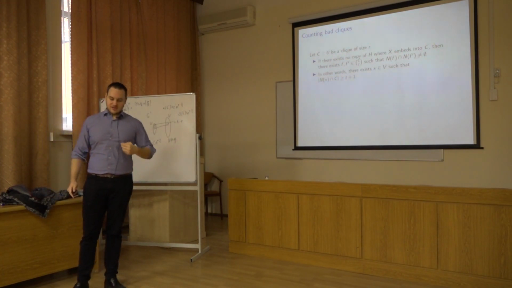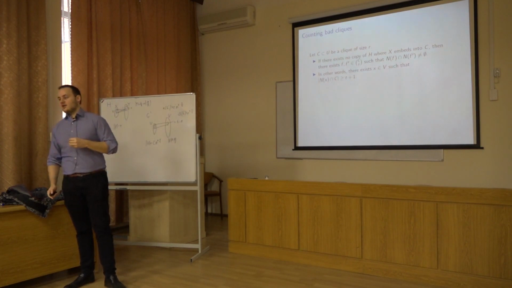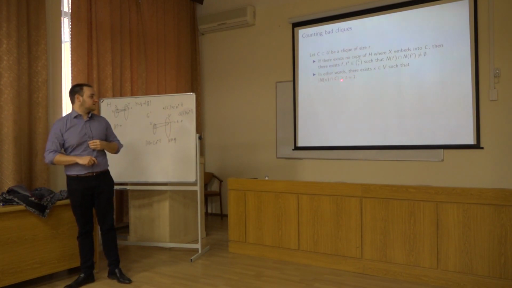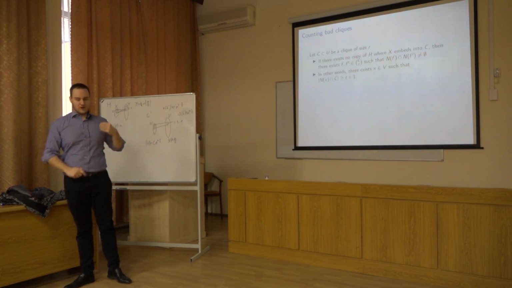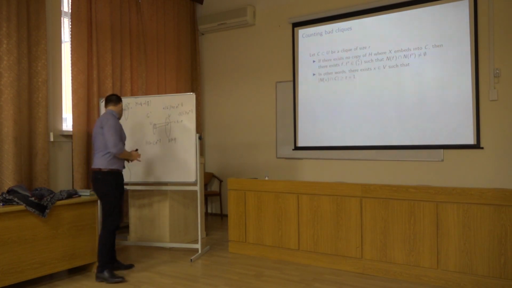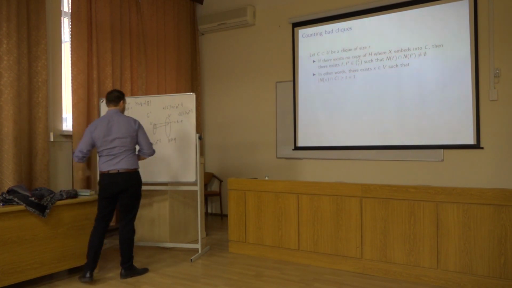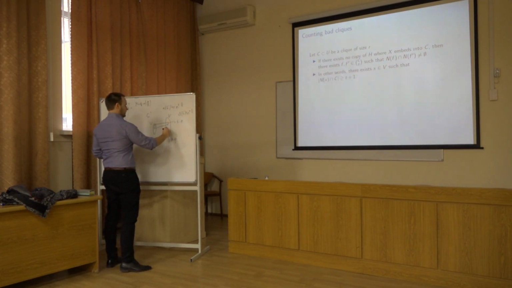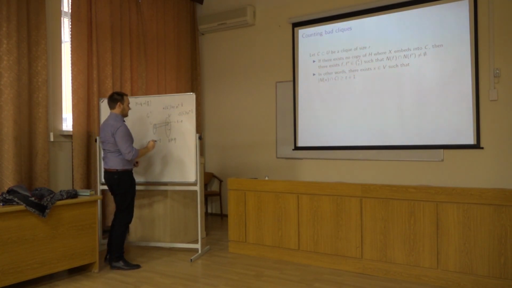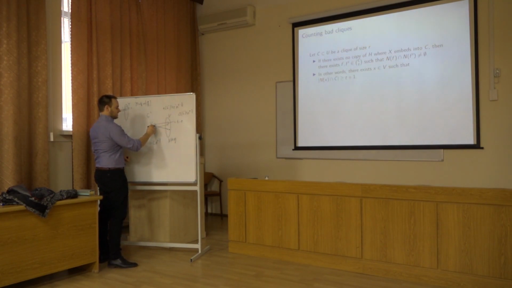In other words, you can say this by picking a vertex X in this common neighborhood, and then the neighborhood of this vertex X intersects our clique in at least t plus 1 elements.